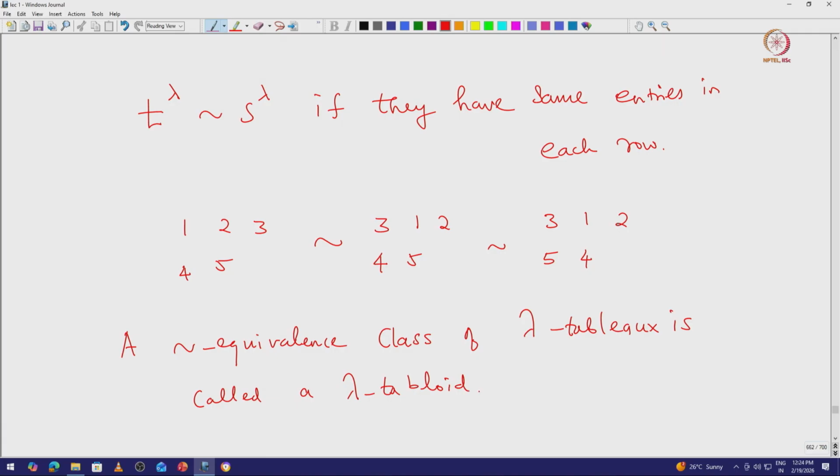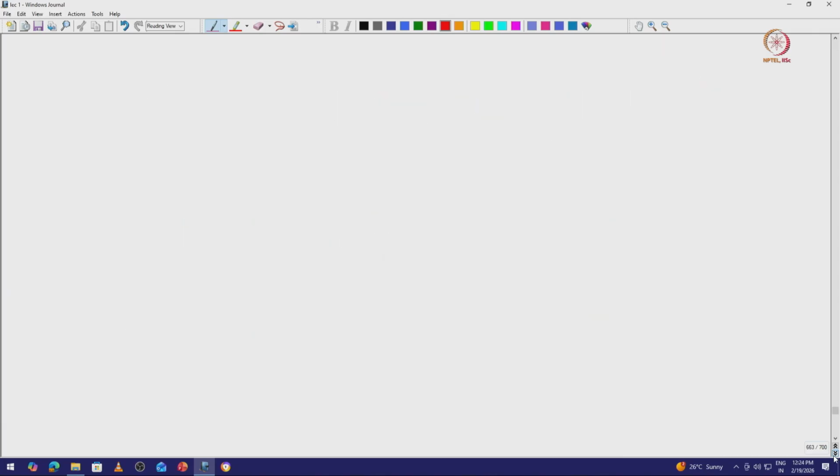And we have this notation T power lambda, which we denote by the set of all possible tabloids of shape lambda. We fix the shape lambda and we collect all possible tabloids of shape lambda, and that we denote by T power lambda.